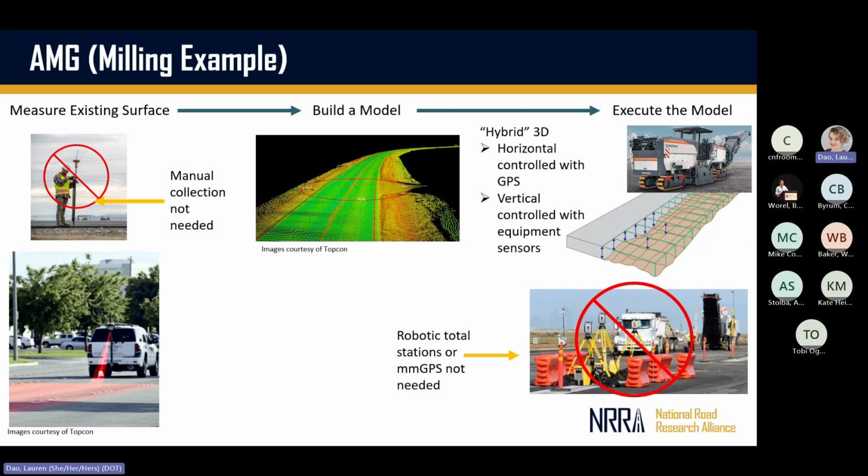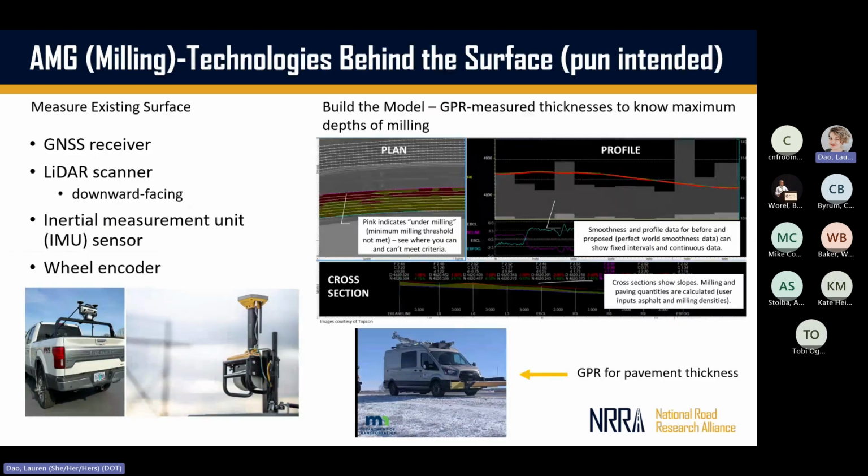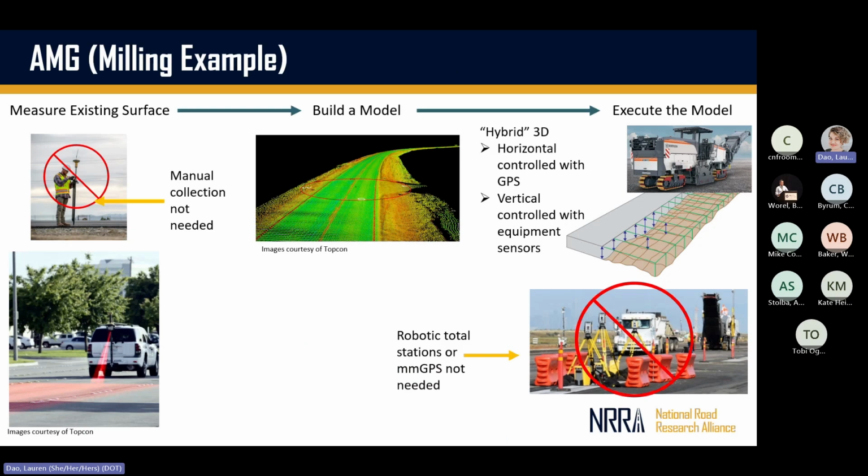What's really cool about this equipment is we have the technology to get that information from the surface really quickly. Traditionally, we may have had to send a surveying team out to do cross sections across the pavement. Now we can use LiDAR-based equipment to quickly get that surface information.